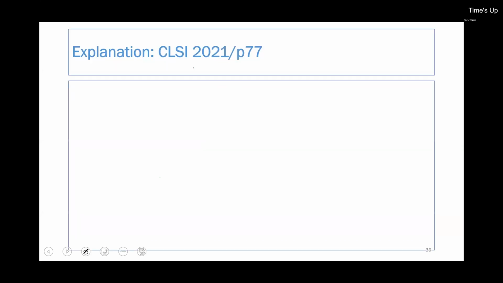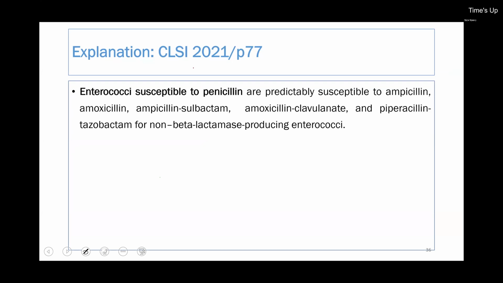How it goes: if we get a penicillin susceptible Enterococcus, then all the drugs listed are going to be susceptible. We can reliably predict their susceptibility. So a penicillin susceptible Enterococcus is going to be susceptible to ampicillin, amoxicillin, all beta-lactam combinations like ampicillin-sulbactam, amoxicillin-clavulanate, even piperacillin-tazobactam, and also imipenem.